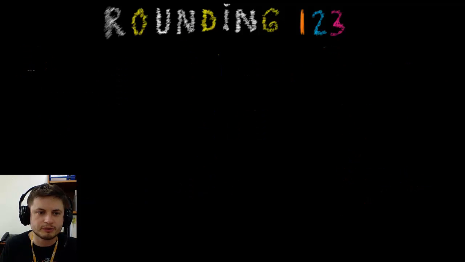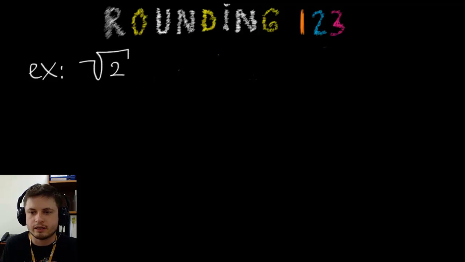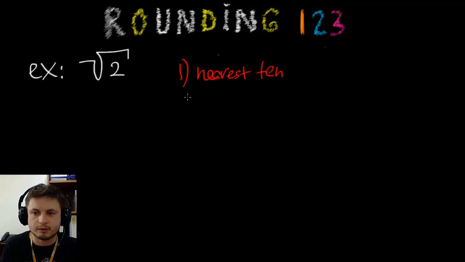So let's try one of the examples that I just found online in one of the previous IB manuals. The example is this. You have a square root of 2 and you have to find 3 things. Number 1 is you have to round this to the nearest 10 again. Number 2 is you have to find this number to 2 significant digits, or significant figures.